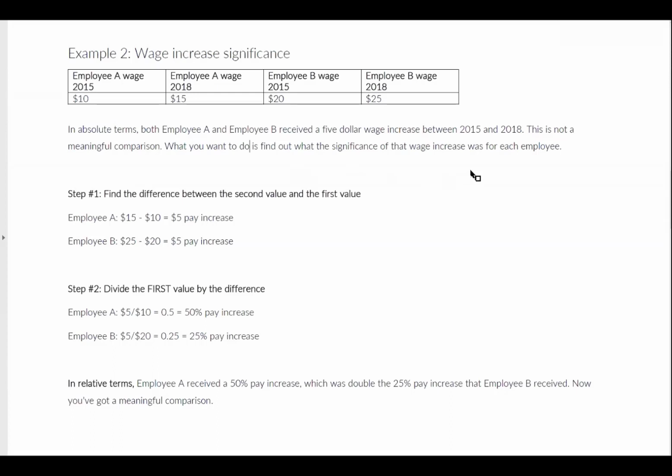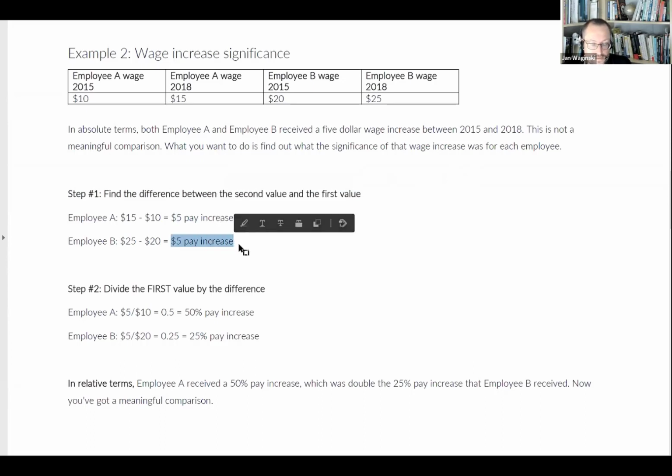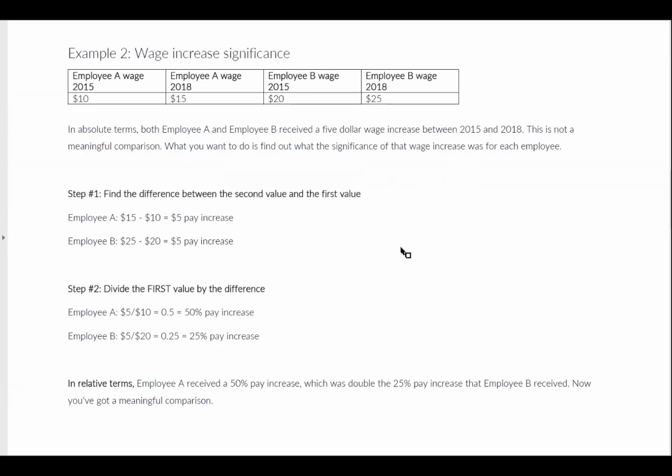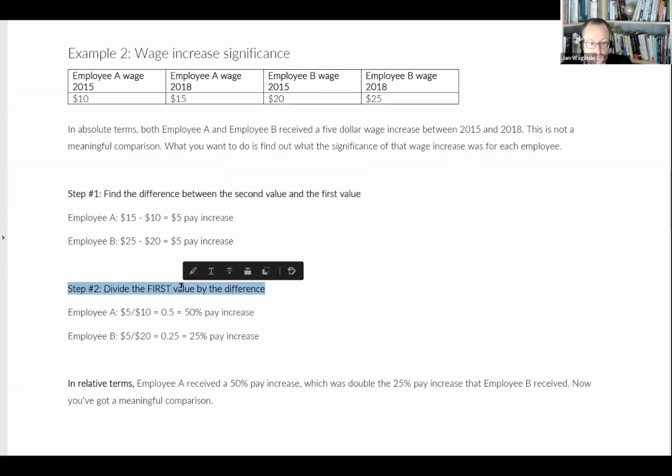If you just describe this difference in absolute terms, employee A got a $5 pay increase. Employee B also got a $5 pay increase. So that's not useful for making comparisons. You need the relative difference.